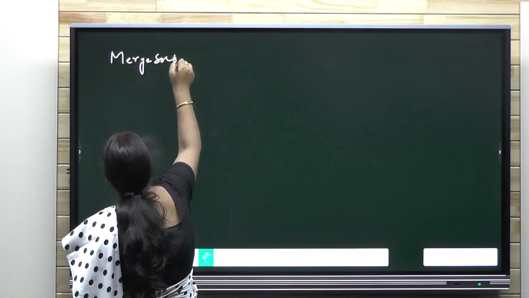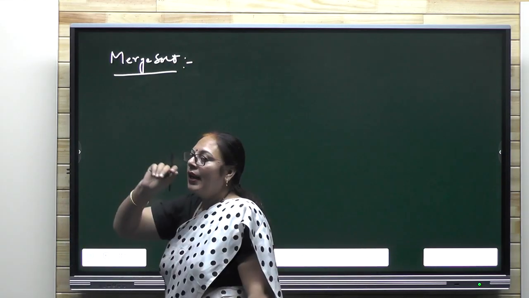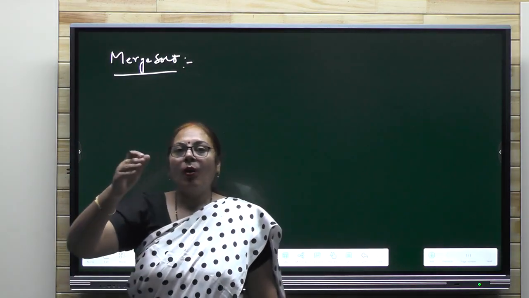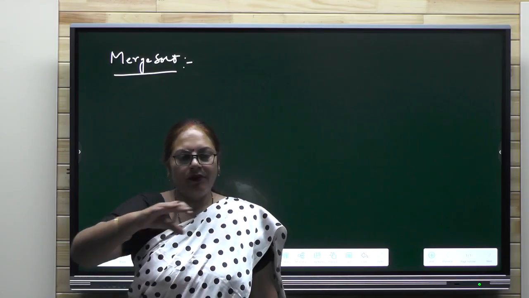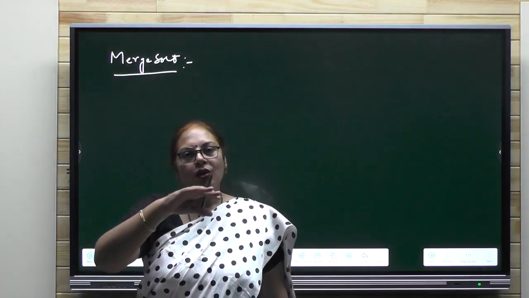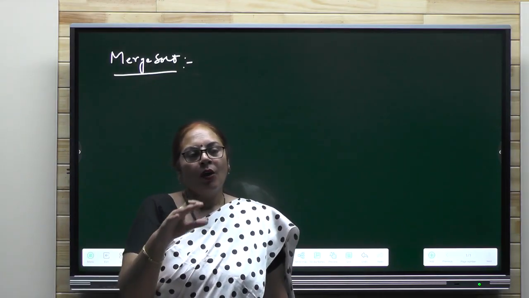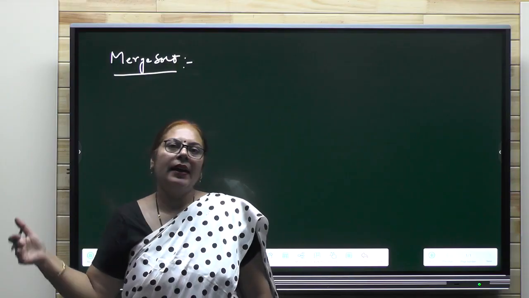What merge sort will do, again, is take a number of elements, or you can say we have a list of elements, an array of elements, and it will keep on dividing the array till we get only one element.